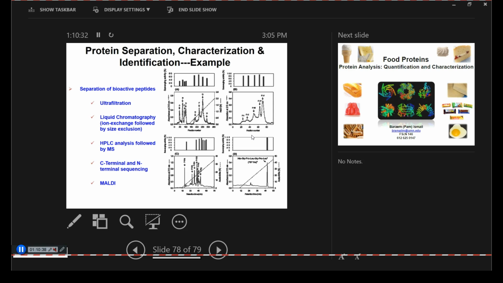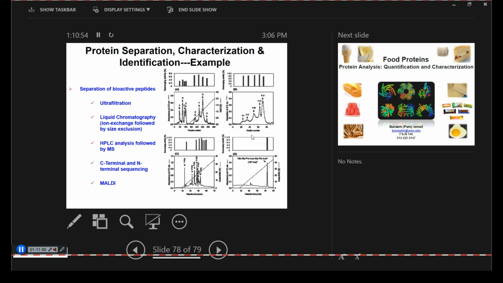You take F and you run it on an ion exchange chromatography, and again it separates based on molecular charge. And then you run the antioxidant activity assay on each fraction. Then you take the fraction with the highest activity.